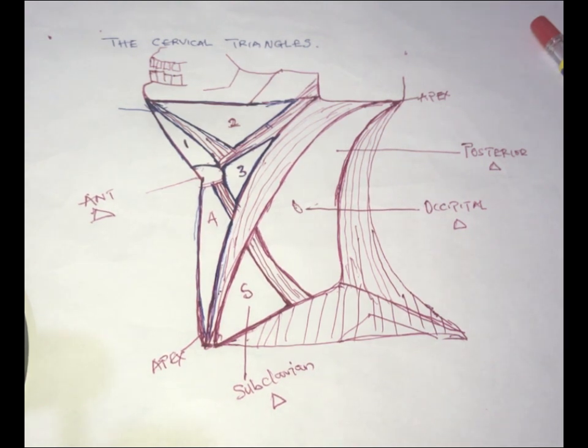This triangle contains the infrahyoid muscles, which are the sternohyoid, the sternothyroid, the thyrohyoid, and the omohyoid muscles. Other structures in this triangle are the thyroid gland, the parathyroid gland, the trachea, and also the esophagus.